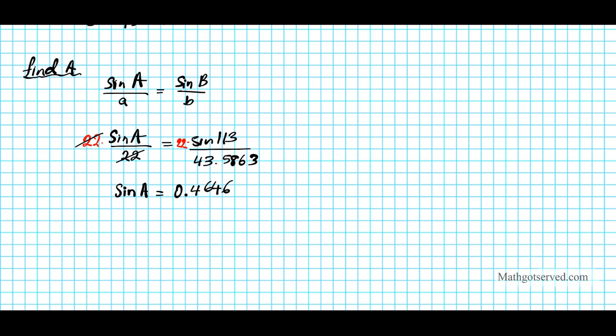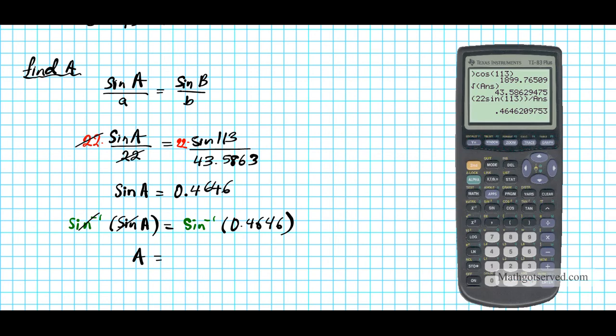Now to get A by itself, we'll take the inverse sine of both sides. So let's go ahead and do that. We take the inverse sine of sine A equals the inverse sine of the result we just got, which is 0.4646. On the left side, the sines and the inverses cancel out, so we have A. Now we're going to go back to our calculators and compute the inverse of this result.